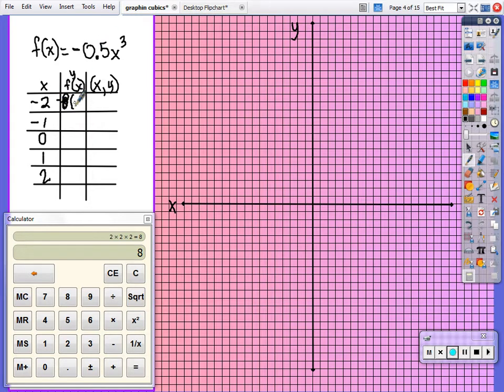So -1/2 of -8 is +4, so we're going to get (-2, 4), because it's -8 times -1/2. You see it? All right, and so when we plug in a -1, we get out a -1. We're going to multiply that times a negative half.